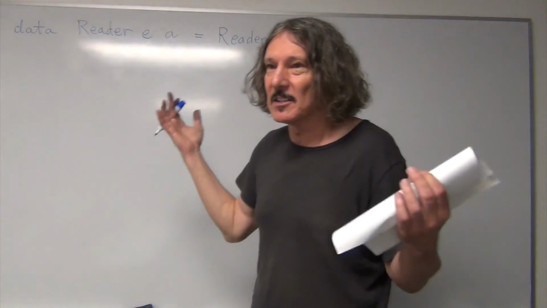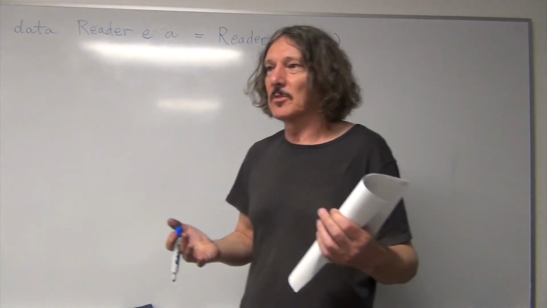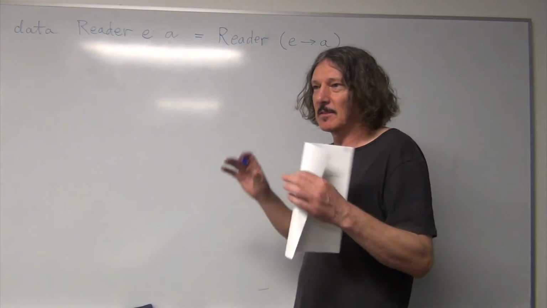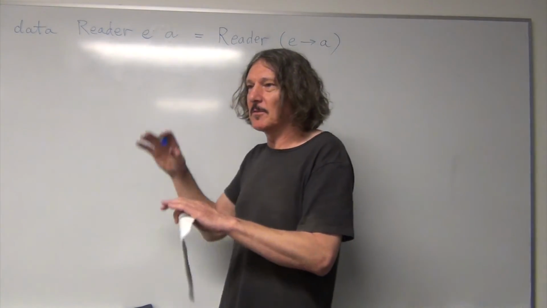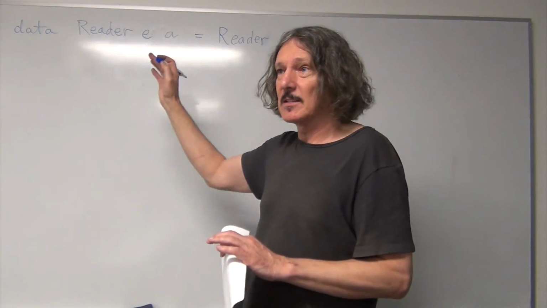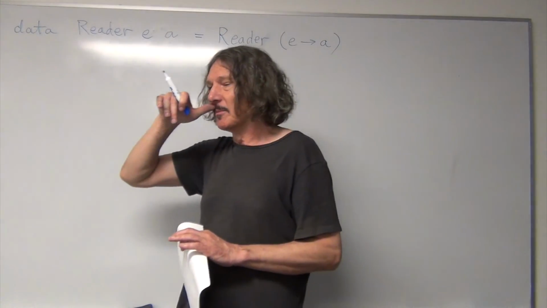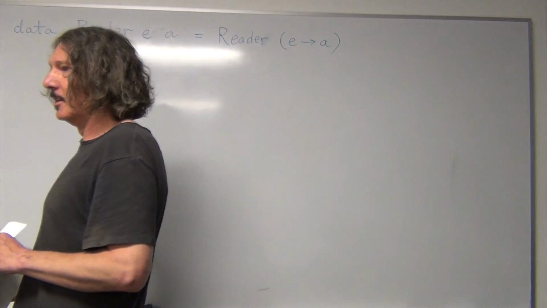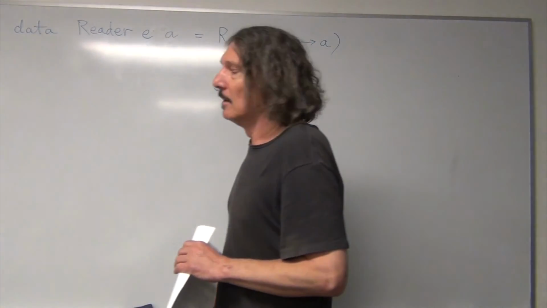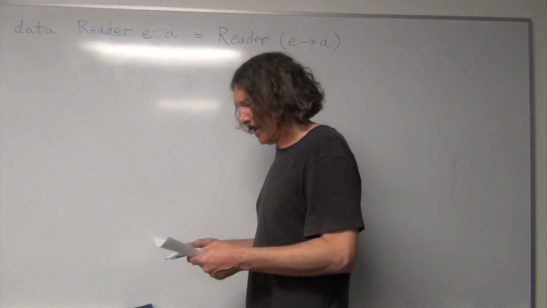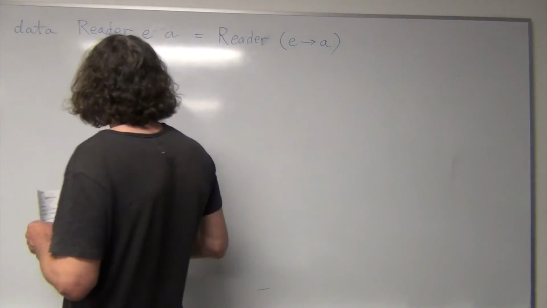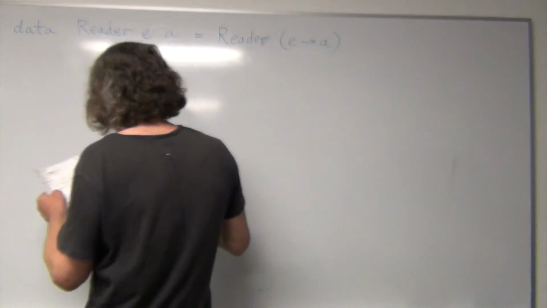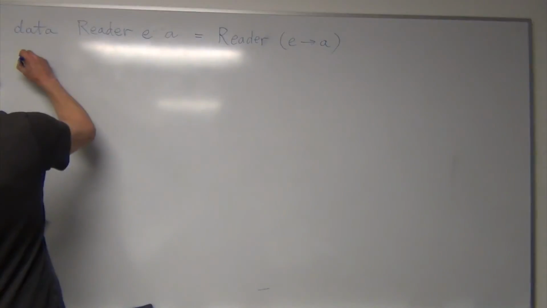Reader is this function. That's the truth. Reader is this function, but encapsulated, because if we don't encapsulate it in some data structure, then the compiler will complain that, oh, you cannot use type synonyms with classes, blah blah blah. Okay, so we'll indulge.